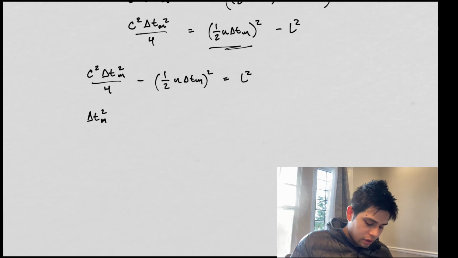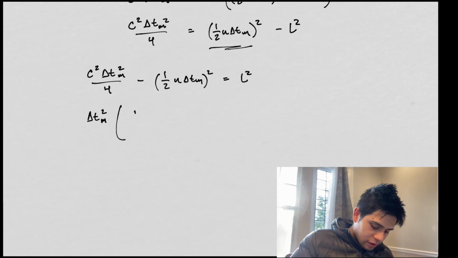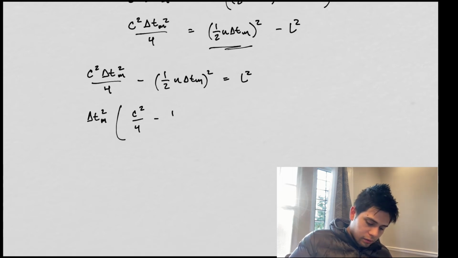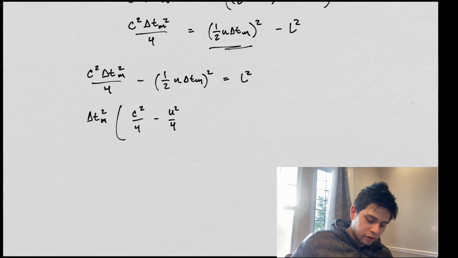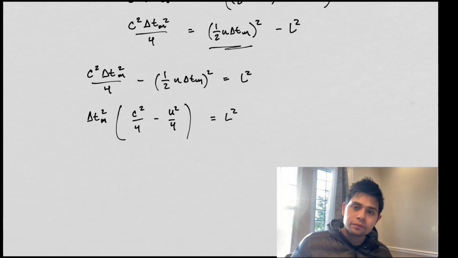And so this is going to be c squared over 4 minus 1/4 times u squared, so that's just u squared over 4. Okay. And that's equal to L squared.